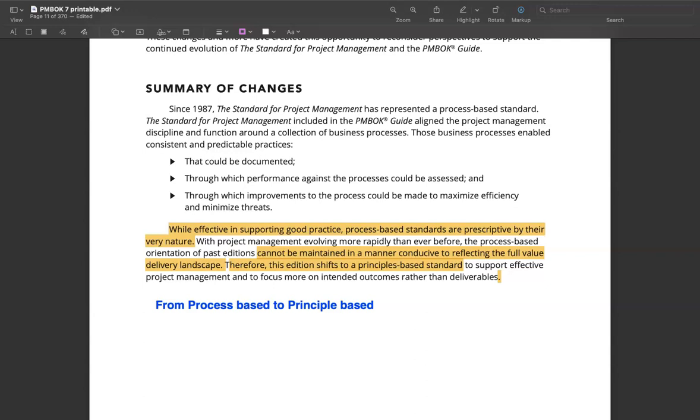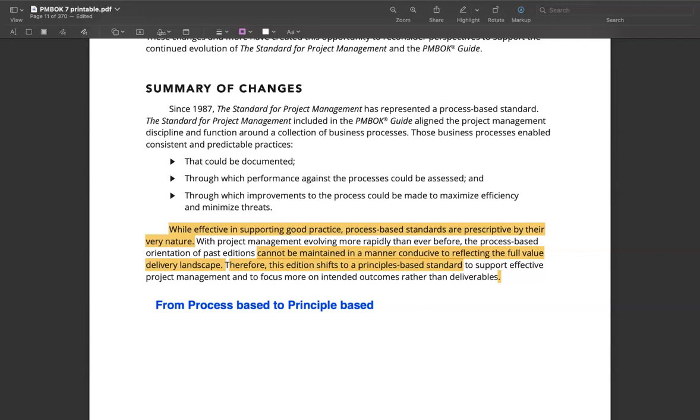I think there are some good things in this book, and at the same time I also believe that when you sign up for the PMI membership, you also get access to something known as PMI Standards Plus, which is a digital product that they have created, where they elaborate a lot about the tools, the techniques, the models, the artifacts, and a lot of good stuff that's covered in the 7th edition of the PMBOK.